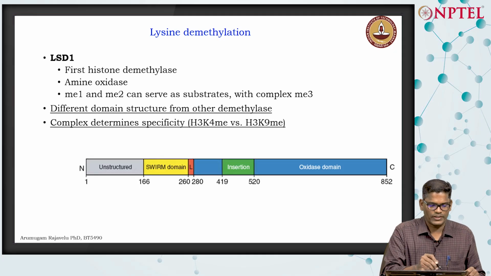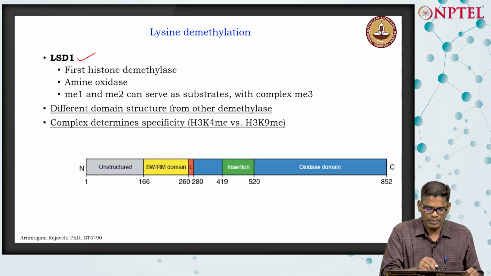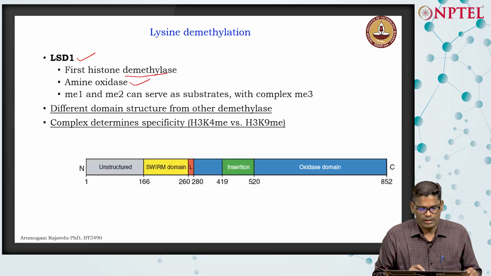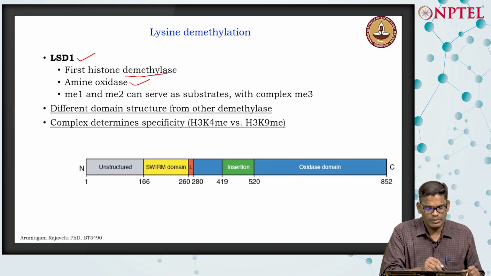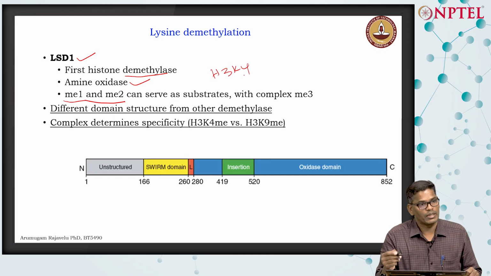So, coming to this first family, the lysine specific demethylase 1, LSD proteins, it is a histone demethylase. It belongs to the amine oxidase family. It primarily demethylates mono and dimethylation of histone 3 lysine 4, also trimethylations.